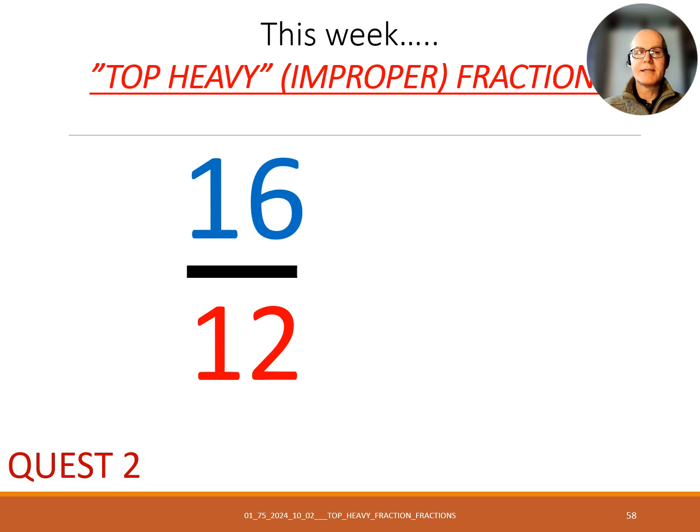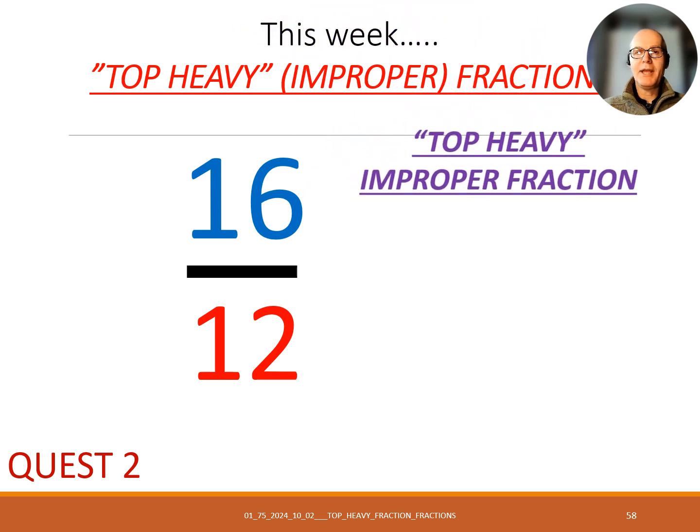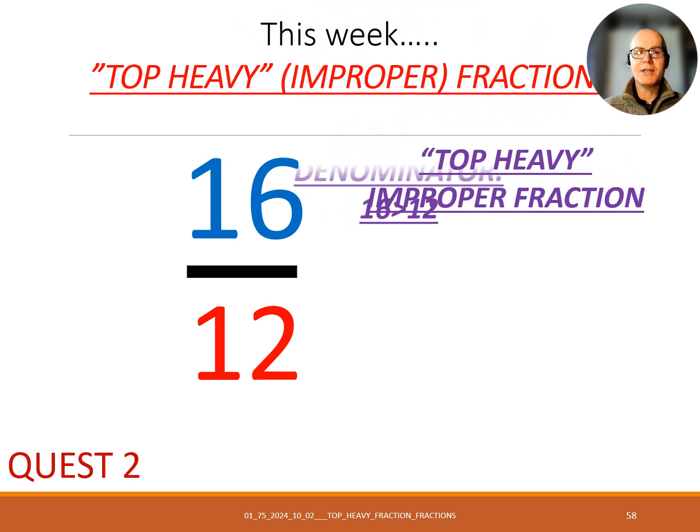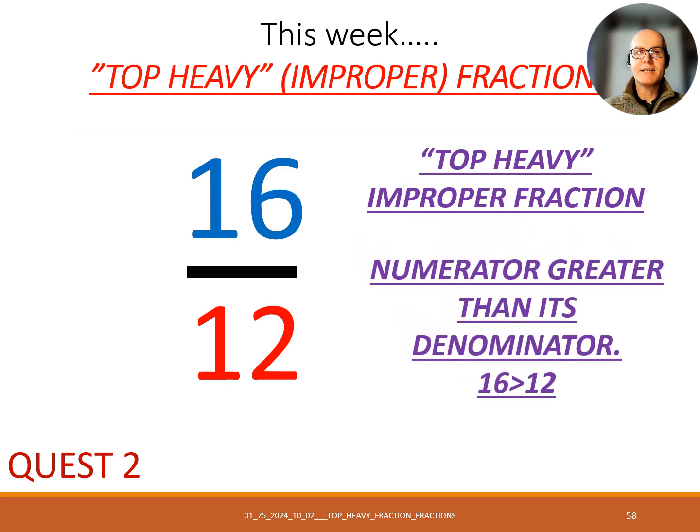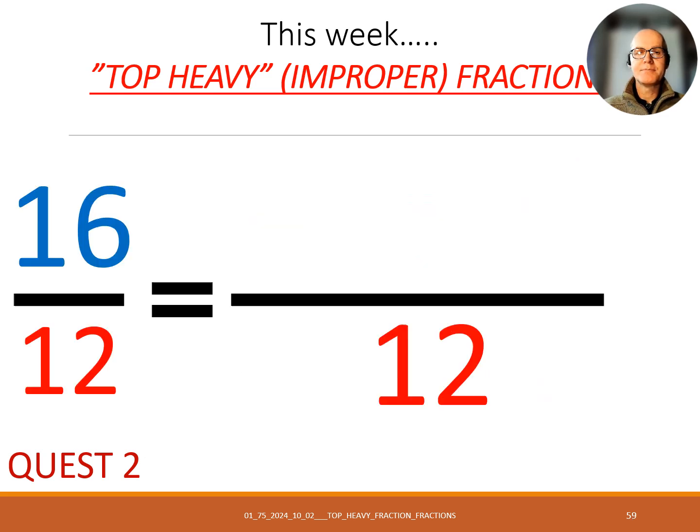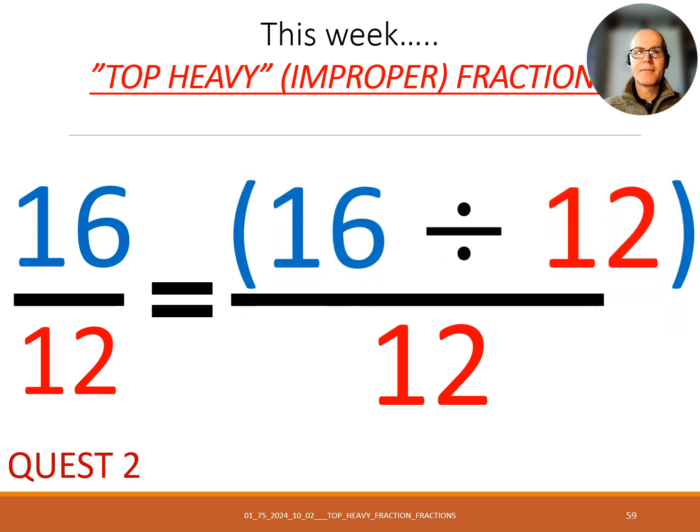16/12 is a top-heavy or improper fraction. That's because the numerator, 16, is bigger than the denominator, 12. How do we simplify it?